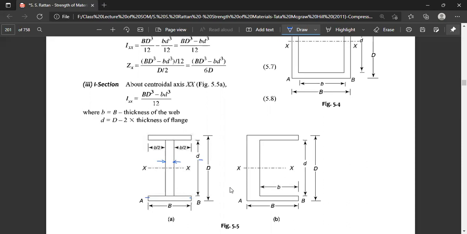Here B is the width, and t is the thickness of the web. This is the web, and this is the flange. This is called web, and this is called flange.